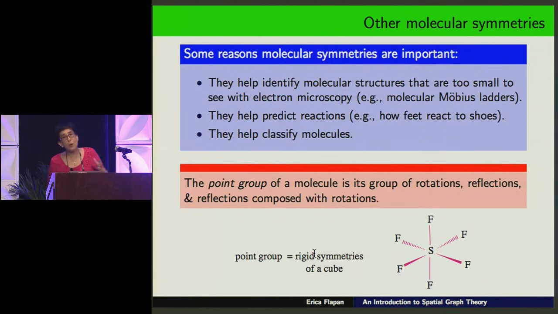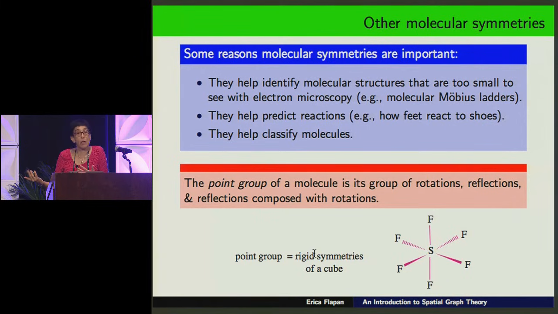Okay, so now I want to move from mirror image symmetry of molecules to more general symmetry of molecules, which is also going to take us back to spatial graph theory. So why do chemists care about molecular symmetries more generally? One reason is that they help us identify structures which are too small to see with an electron microscope.